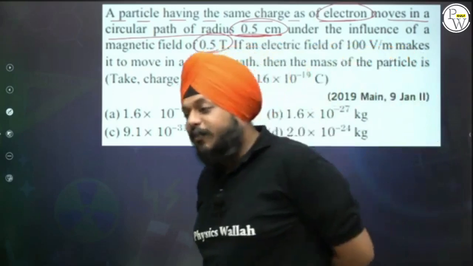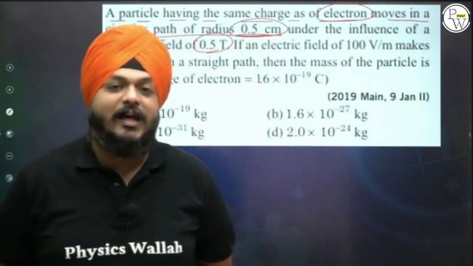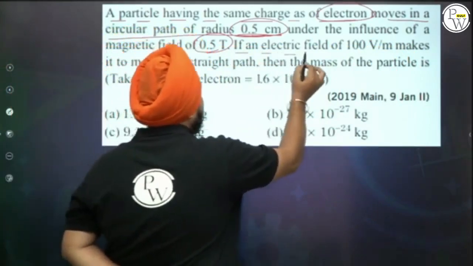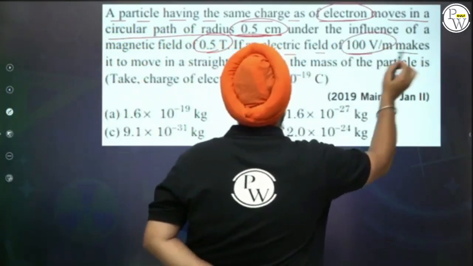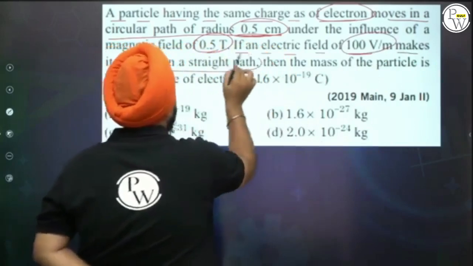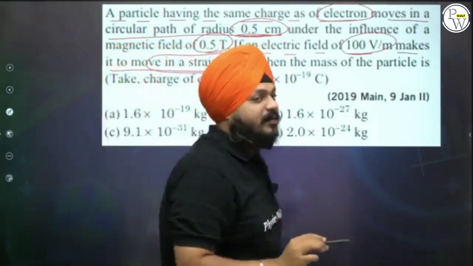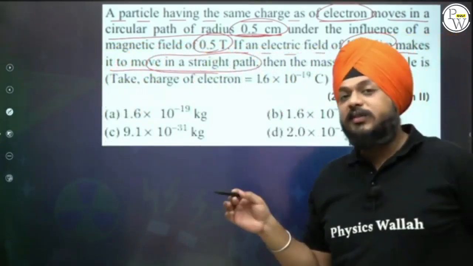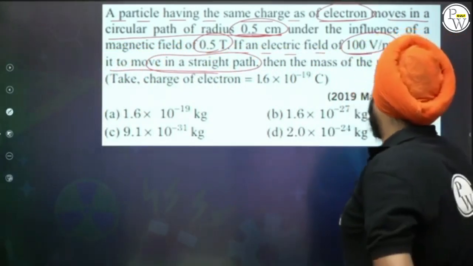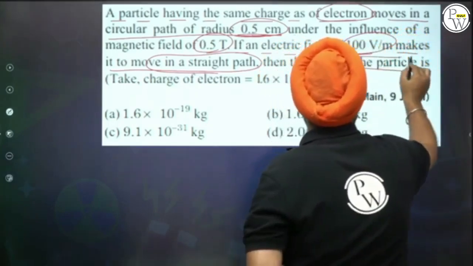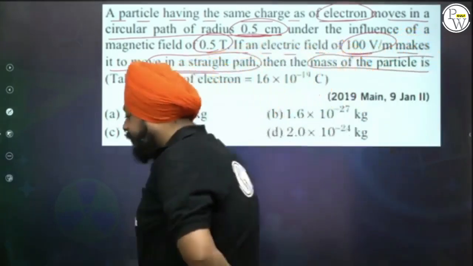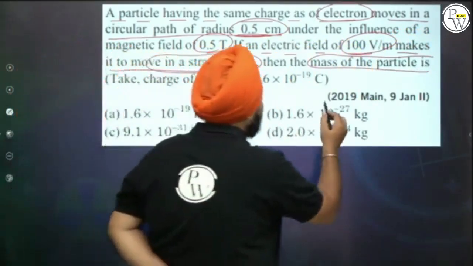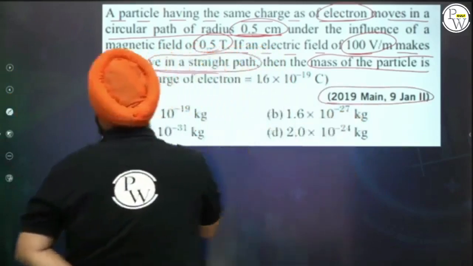If an electric field of 100 volt per meter makes it move on a straight path, calculate the mass of the particle. This question was asked in 2019 Mains, 9th January, phase 2.